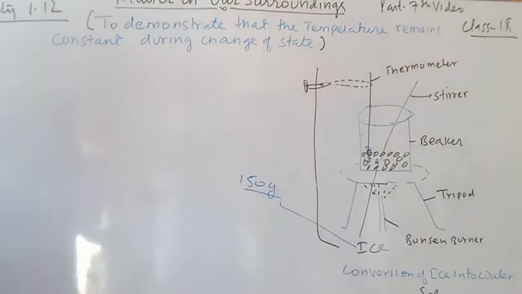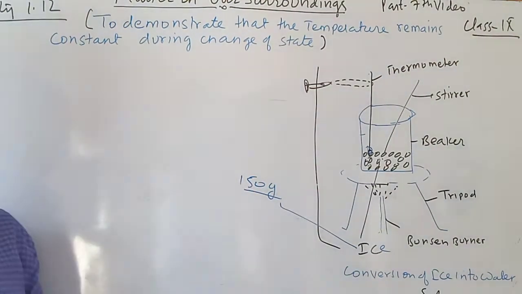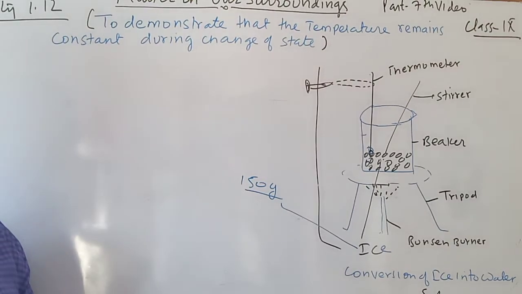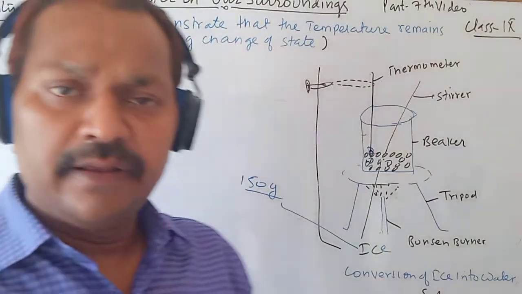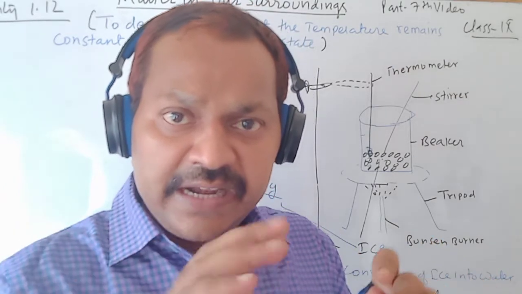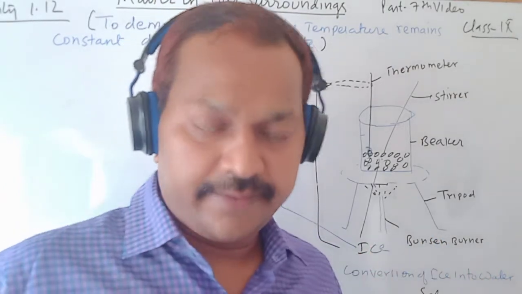Now next point, why is this melting taking place while the temperature remains constant? This temperature remains constant till the ice has melted.